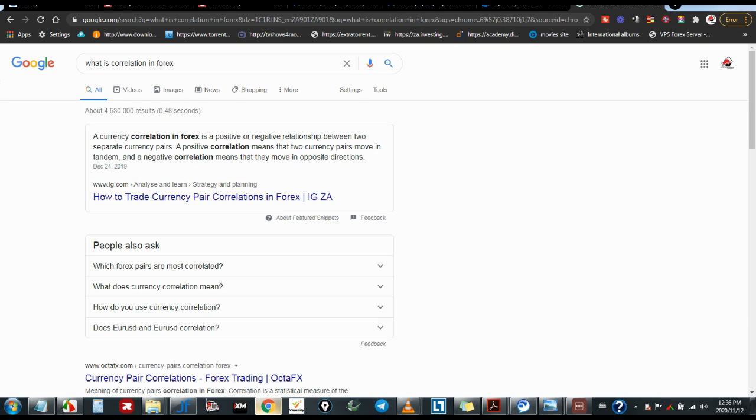Don't worry about that. An example of a negatively correlated pair is gold and USDJPY. If gold is going up, USDJPY has a high probability of going down. That's an example of a negative correlation.